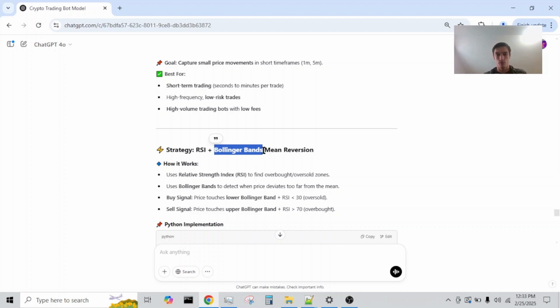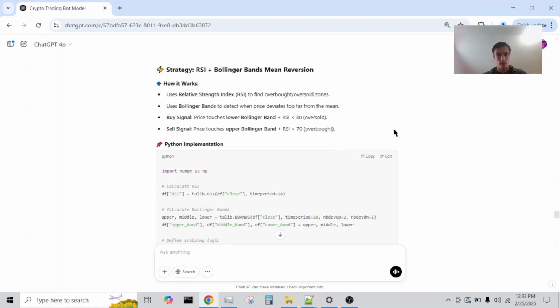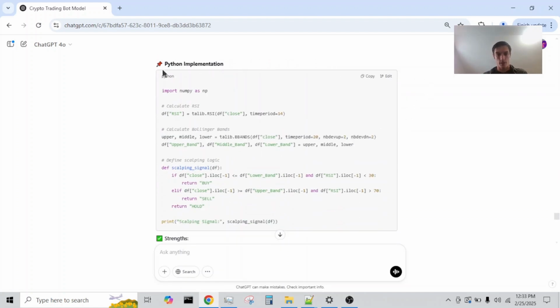That could be a cool technical indicator to use with the trading bot, especially paired with relative strength index. We could add another technical indicator in there and maybe strengthen that by sell signals. And give us our code here.